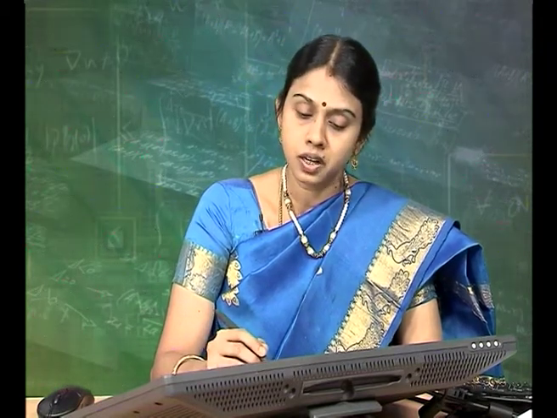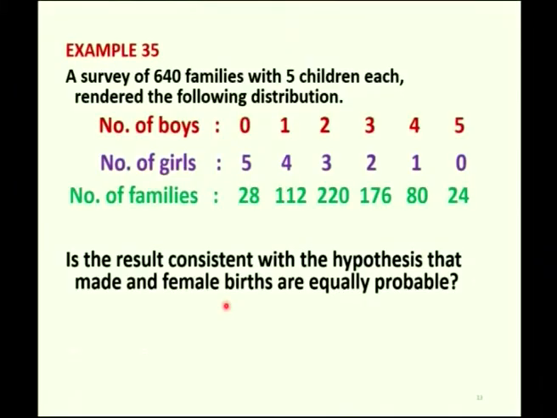This could happen in a binomial distribution. Here it is not specifically given to fit the binomial distribution and test the goodness of fit. Here you are asked to verify whether male and female births are equally probable. Equal probability occurs with the kind of binomial distribution.